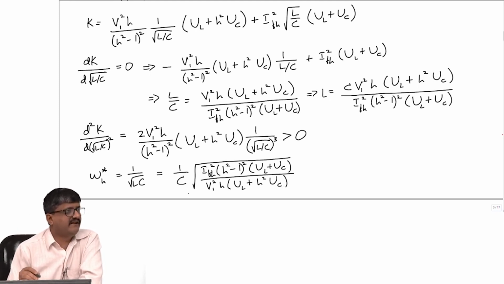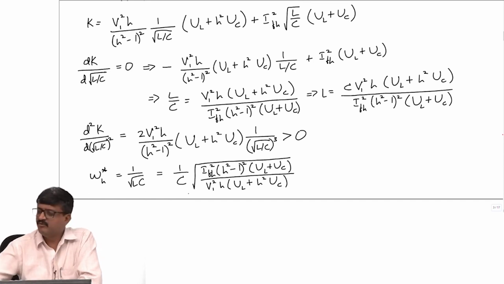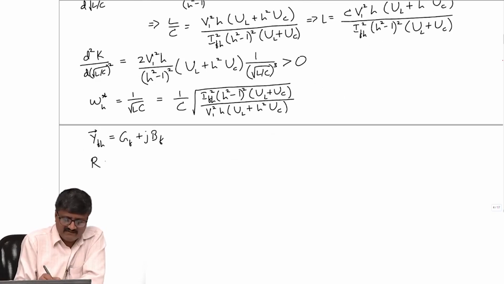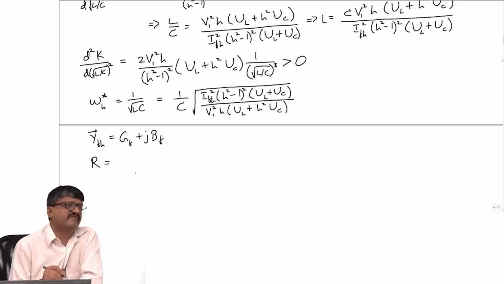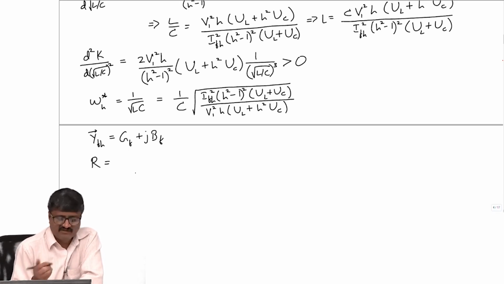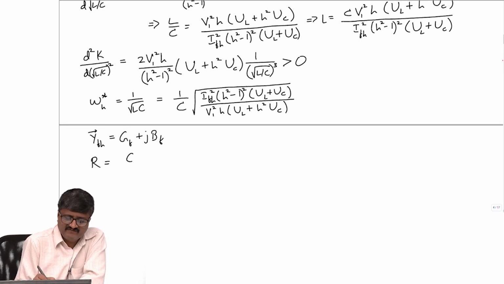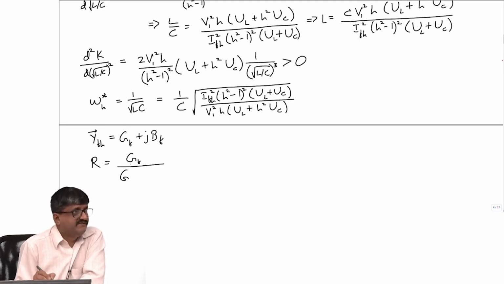Once I can find L and C, can I find R? How? Can I relate R, GF and BF? What is R in terms of GF and BF? It is the real part of the reciprocal of complex y of h. So can I write this as GF divided by GF square plus BF square?